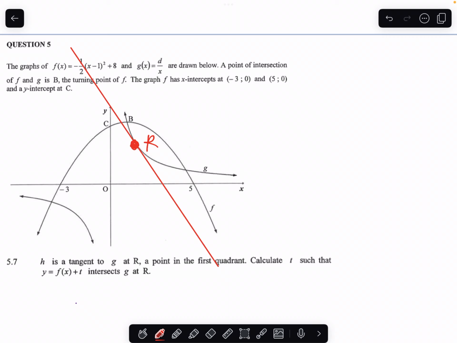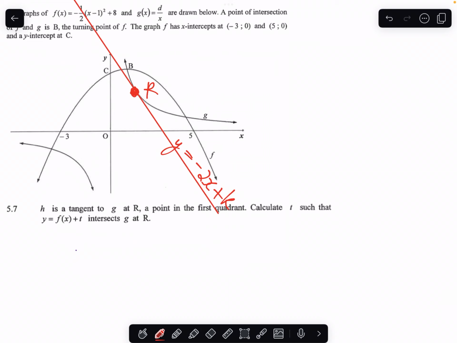So we know that the tangent has an equation y is equal to minus 2x plus k, i.e. its gradient is minus 2. So we need to figure out which points on the hyperbola have a gradient of negative 2.